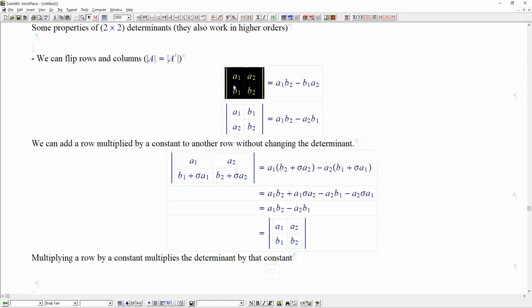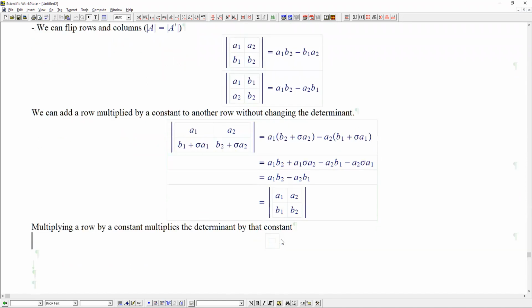So let's do that. Let's have a new constant mu. The determinant equals mu A1 B2 minus mu A2 B1.